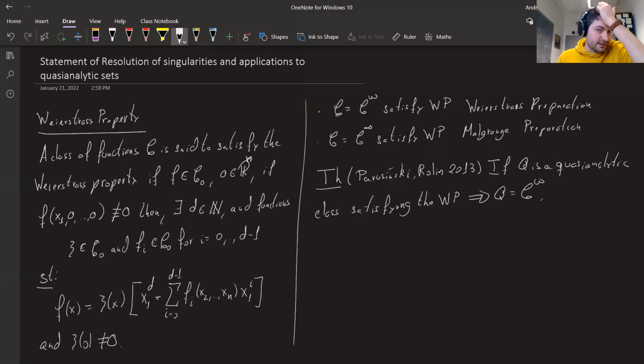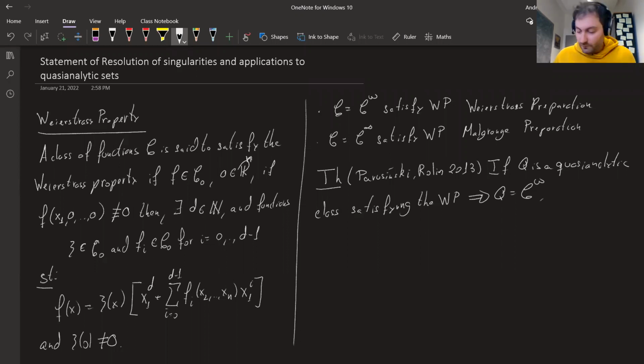So there is no other example of quasianalytic classes, besides the analytic ones, which admit the Weierstrass preparation. Later on I'm going to give a heuristic about why it holds in these classes, but not in here. For now, I'm just going to use the theorem as it is, to cite one of the issues that we're going to find, and one open problem here.